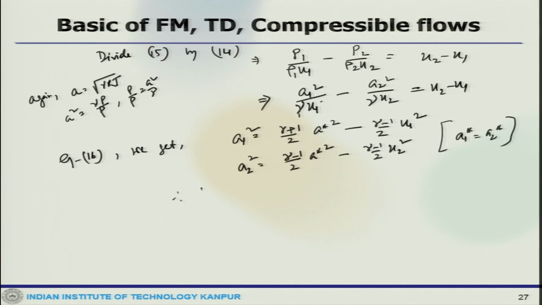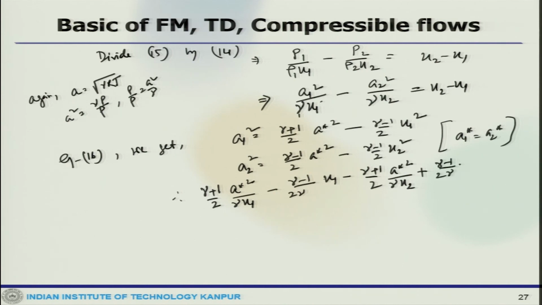So, we can get the expression in terms of a star square, u 1 and u 2, equal to u 2 minus u 1.